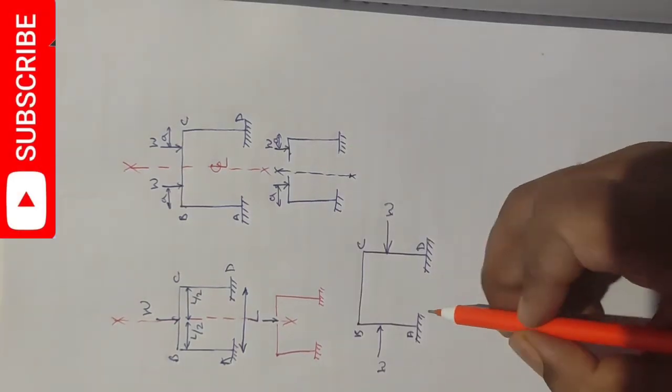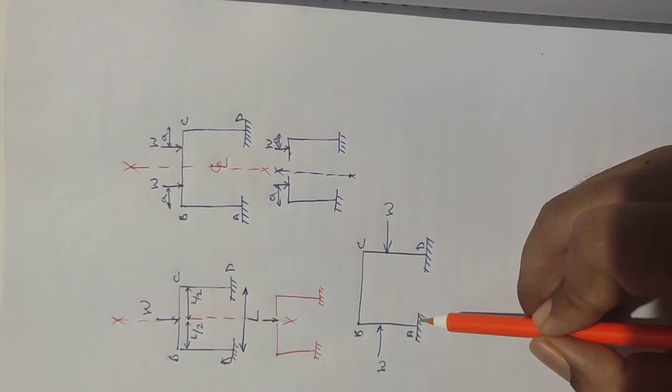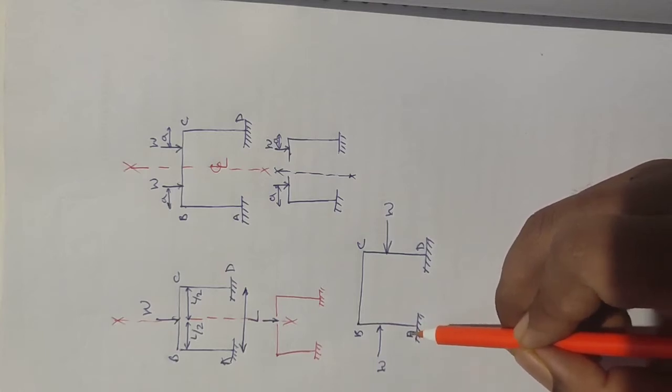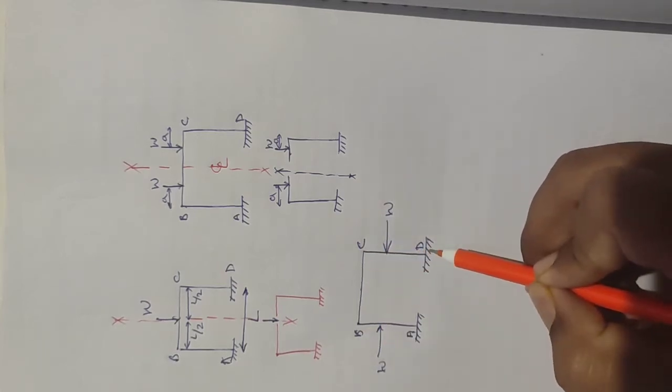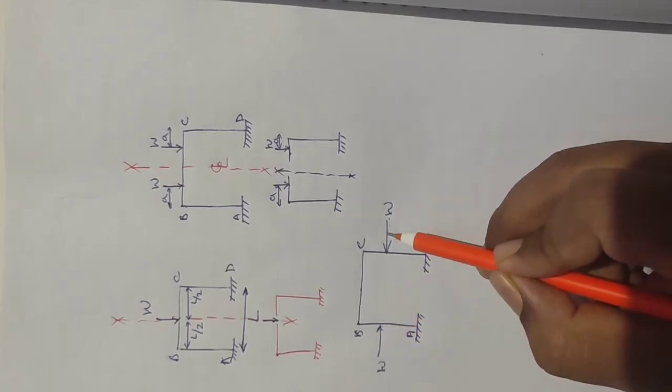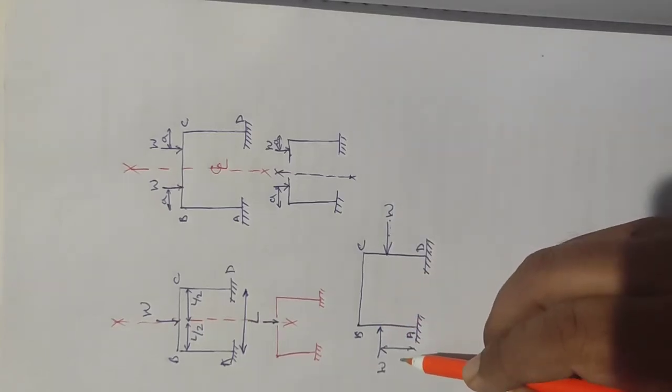One last example we'll take for the frame analysis, to see whether the frame is sway or non-sway. Again we'll consider a frame having members AB, BC and CD, and two horizontal loads W are acting at the same height from the supports.